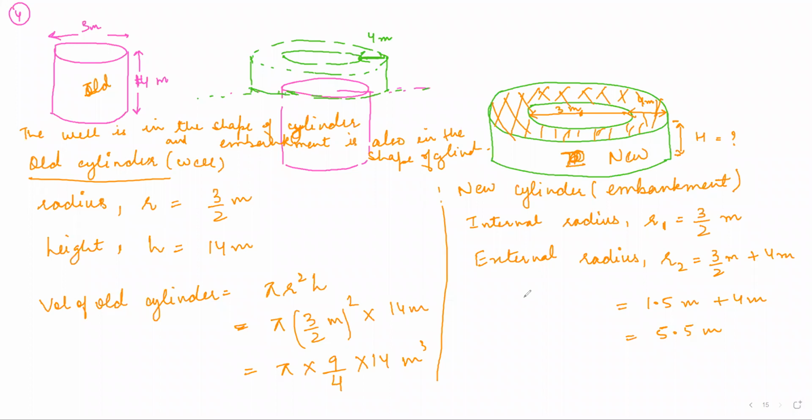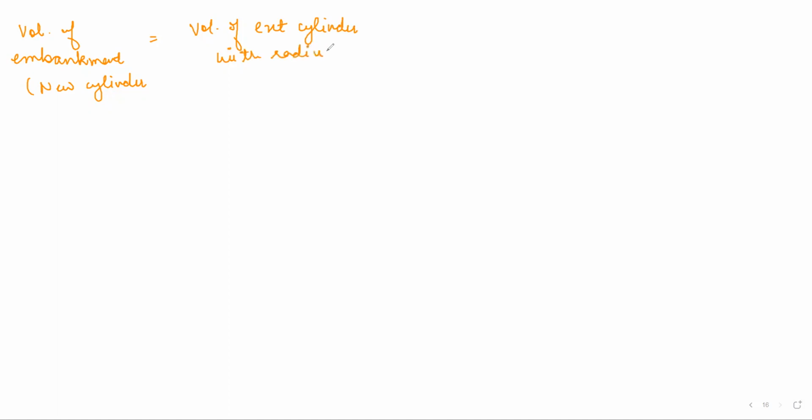Okay. So let me use the new page now. Now volume of embankment, or you can say your new cylinder, will be equal to volume of external cylinder with radius R2, right?